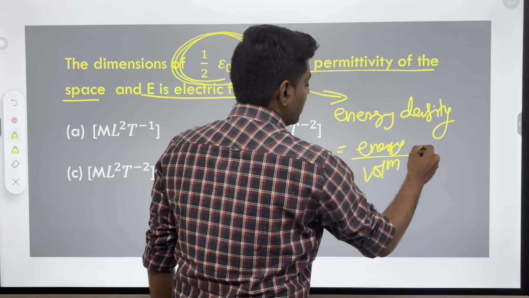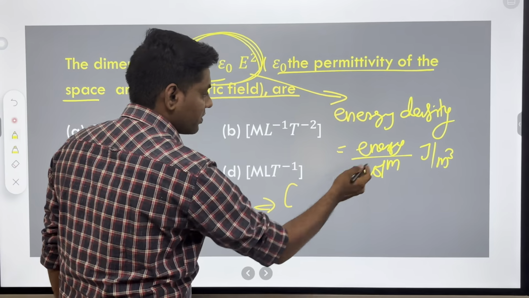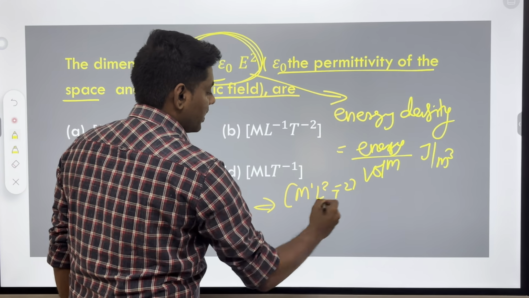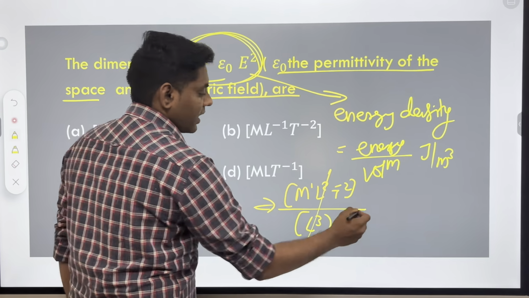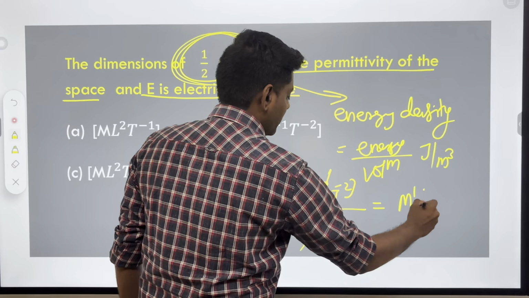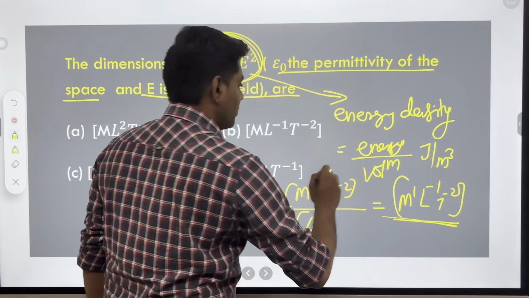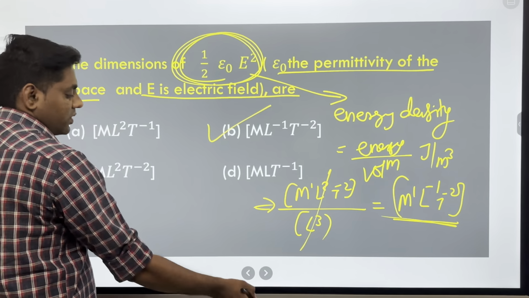So what is the SI unit? Joule per meter cube. Joule means work done, having dimensions M1 L2 T minus 2, and the volume is L cube. So L square gets cancelled, and it becomes M1 L minus 1 T minus 2. This is the dimensional formula for energy density, so option number B is the correct answer.